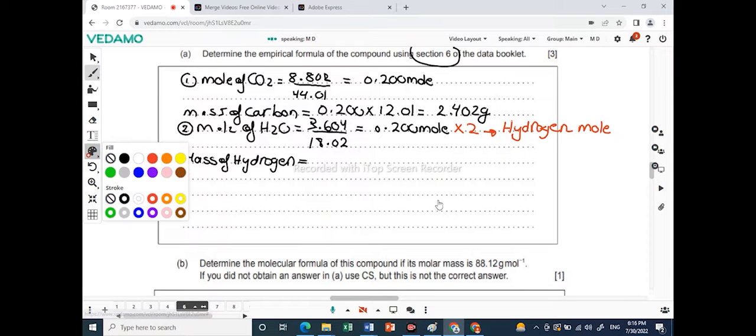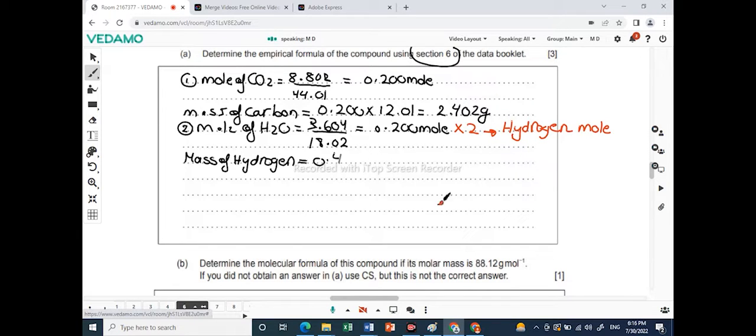So in this situation, I will continue my question, which is 0.4, of course, multiplied times 1.01. And your final answer is 0.404 gram.